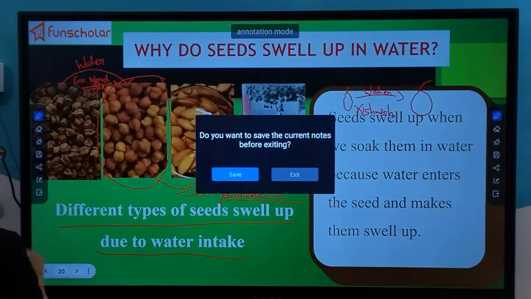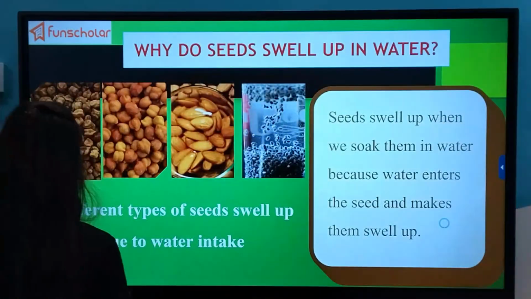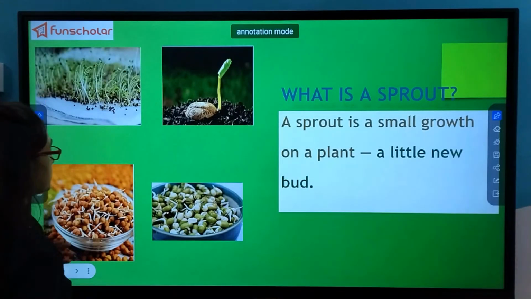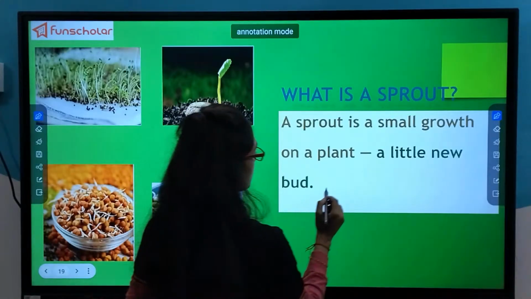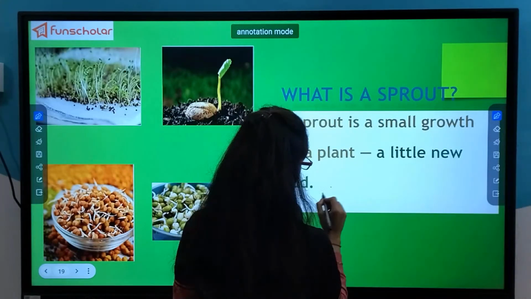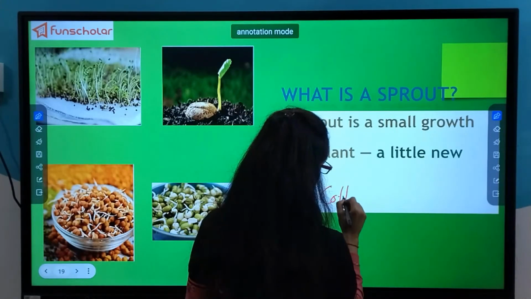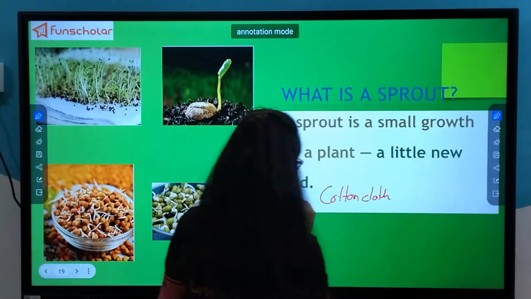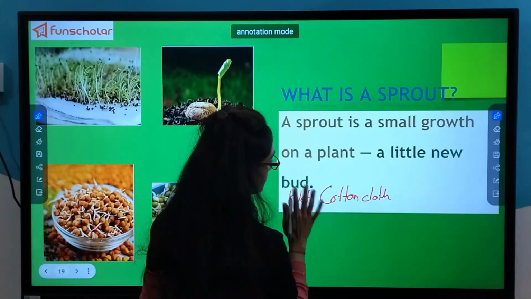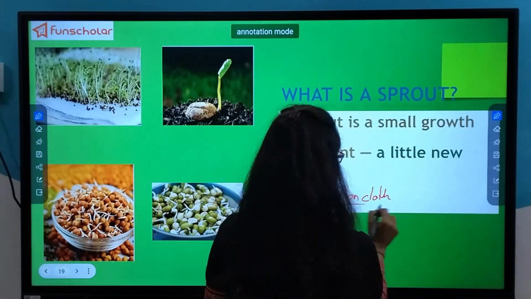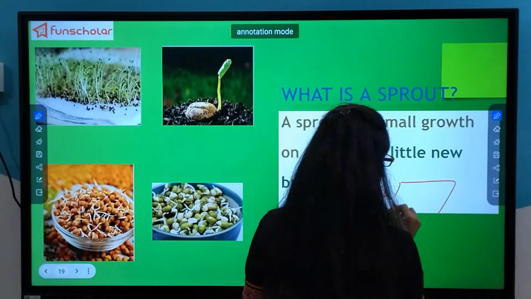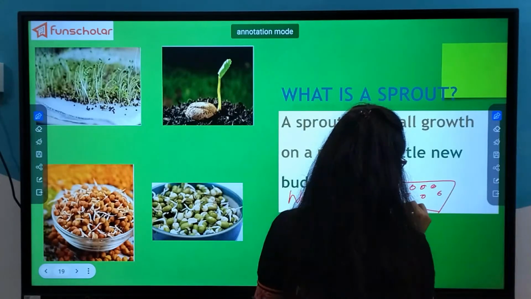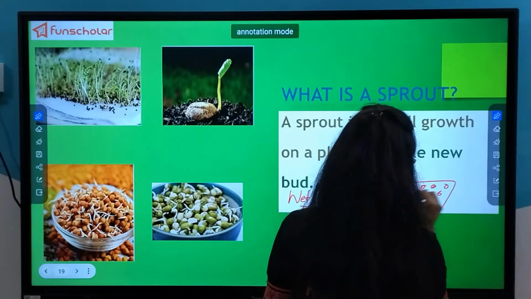Okay, now what is happening? After the water has entered, what will we do? We will take a cotton cloth, a wet cotton cloth. Wet means dipped in water. Okay, and in this cloth, we will keep all the gram seeds or any other seeds.